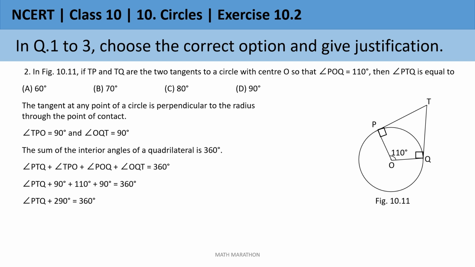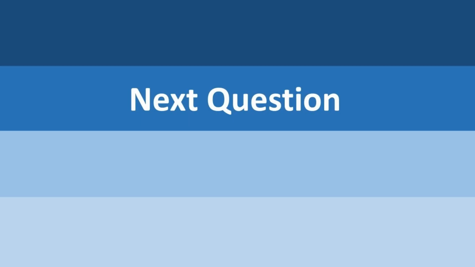Angle PTQ plus 290 degree is equal to 360 degree. Let us subtract 290 on both sides of the equation. So, angle PTQ is equal to 360 degree minus 290 degree. Angle PTQ is equal to 70 degree. So, answer is option B, 70 degree. Let us see next question.